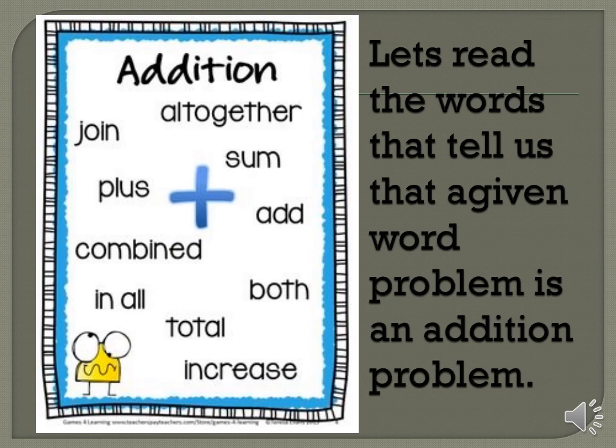Now there are some words that give us a hint or a clue that the given word problem is an addition problem. So let us see which are those words.